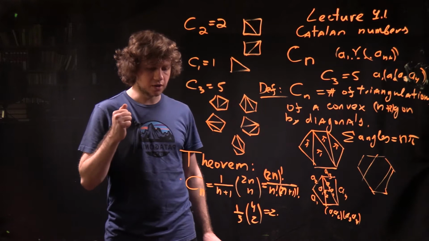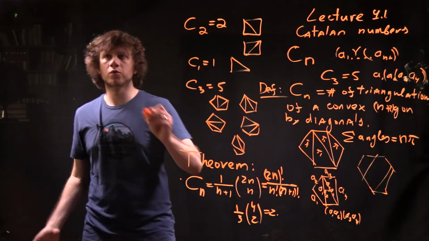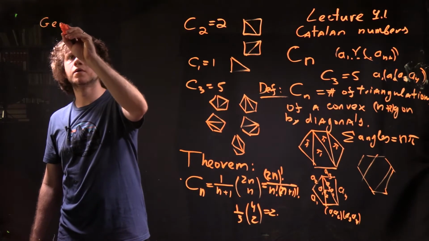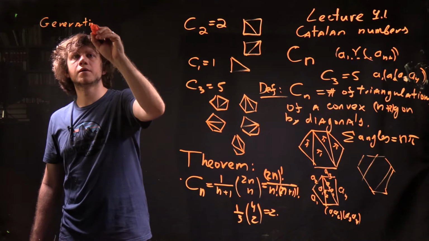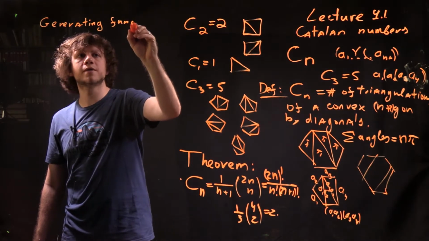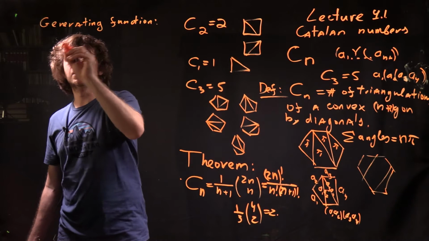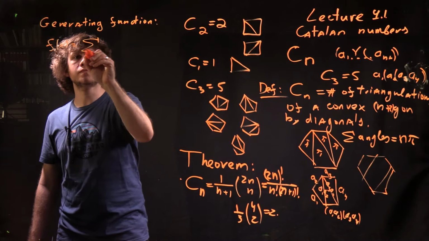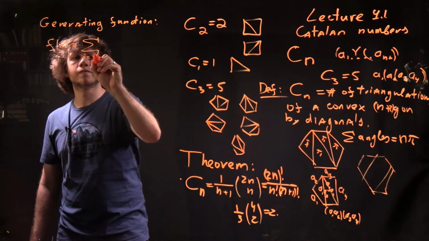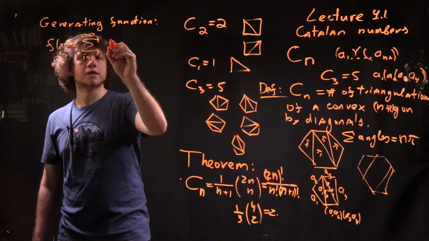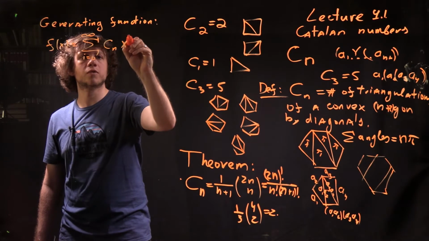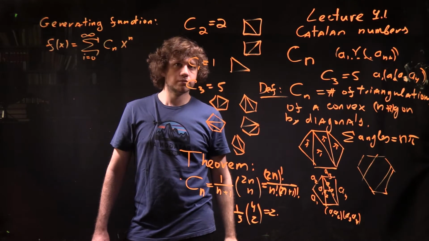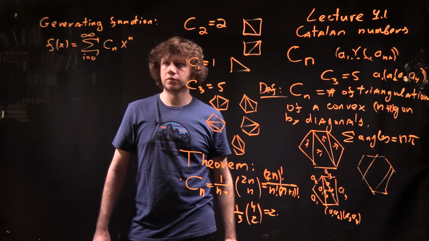So of course, how are we going to solve it? We will form a generating function, and this generating function will be f(x) equals the sum from n equals 0 to infinity of C_n x^n.